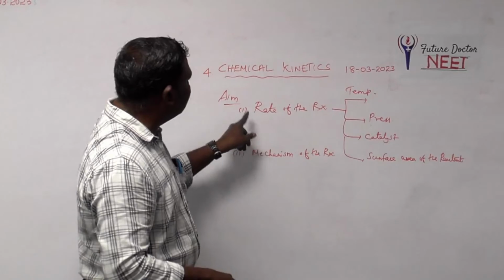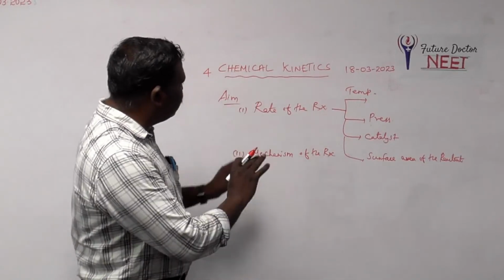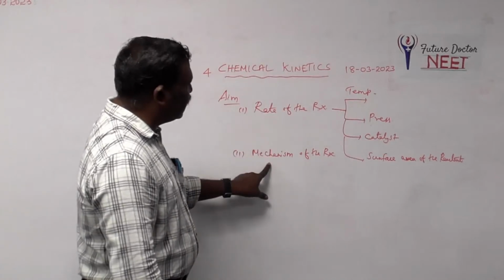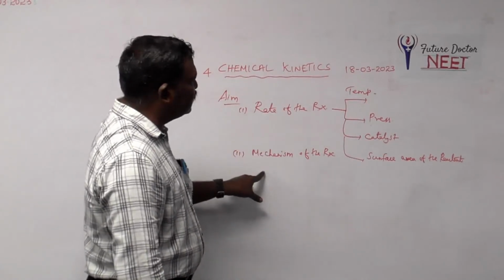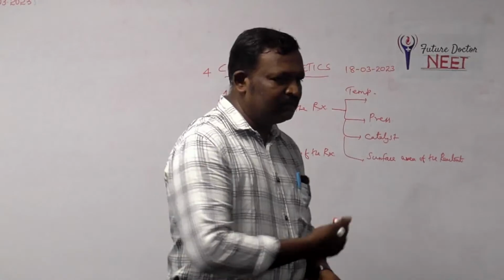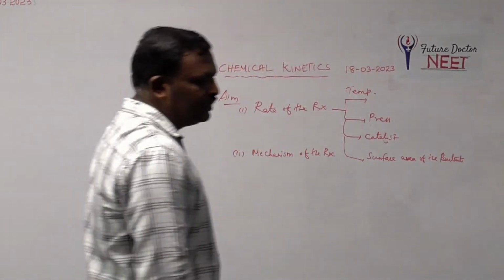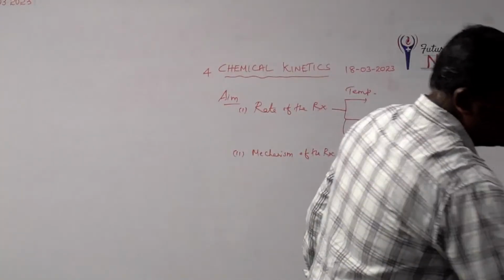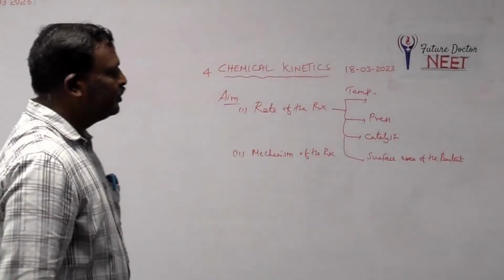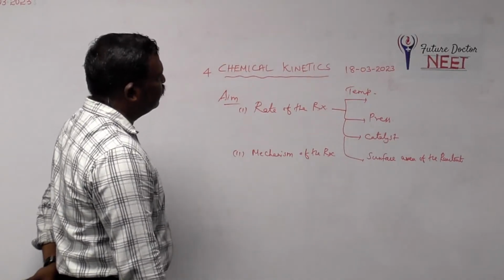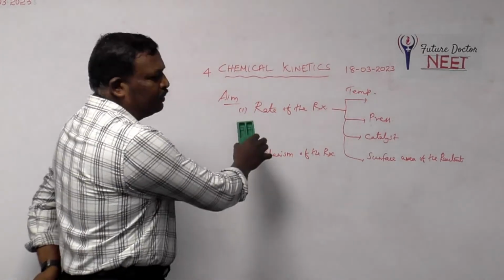That's the aim. The important scope of this lesson is the rate of reaction and the mechanism of the reaction. This only we are going to study. Understood? Okay. Just note this down. Rate is nothing but the speed of the reaction.